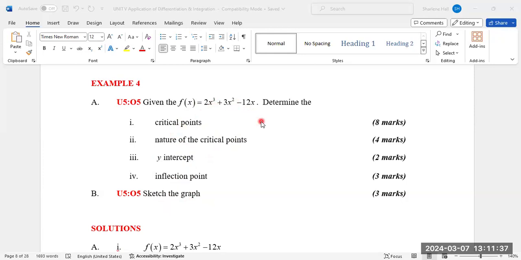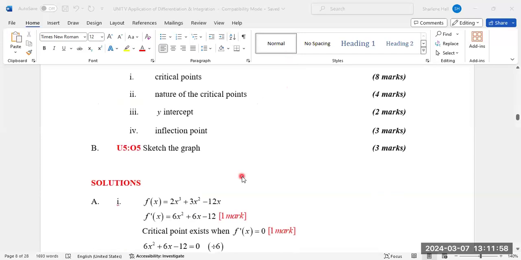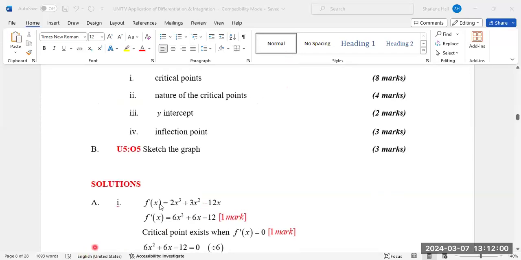Talk to me now. Differentiate the function for me, please. Tell me what you get. 6x squared plus 6x minus 12. Very good.